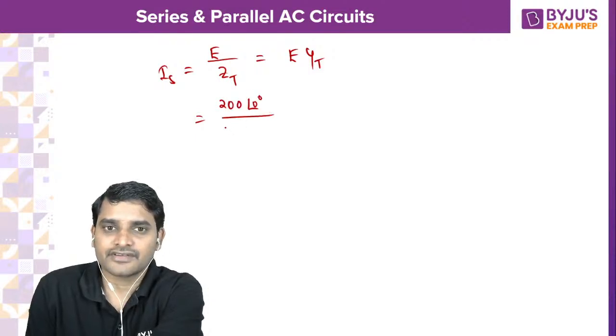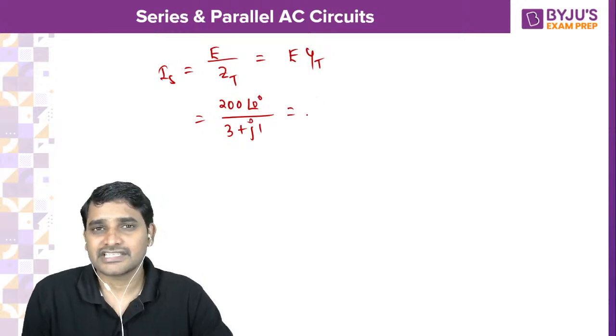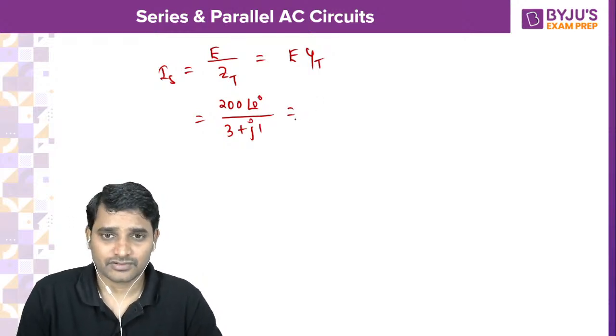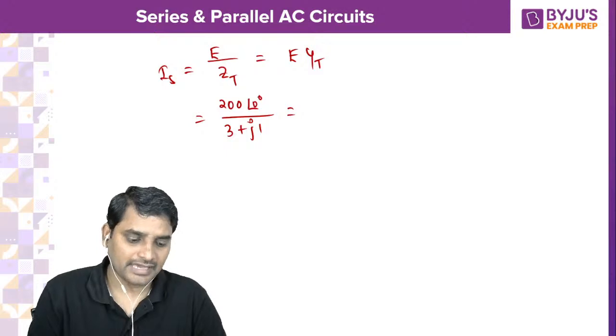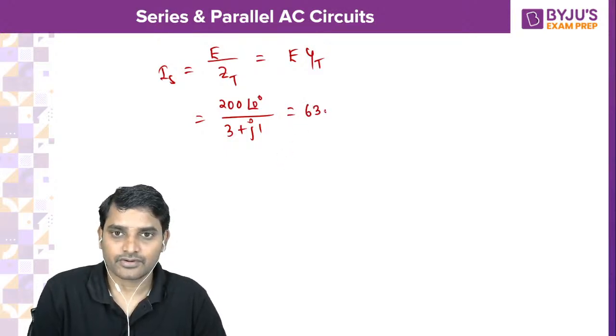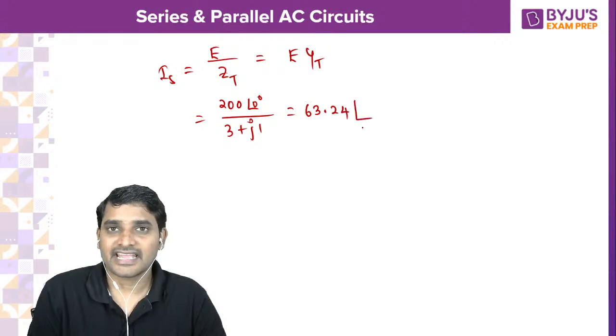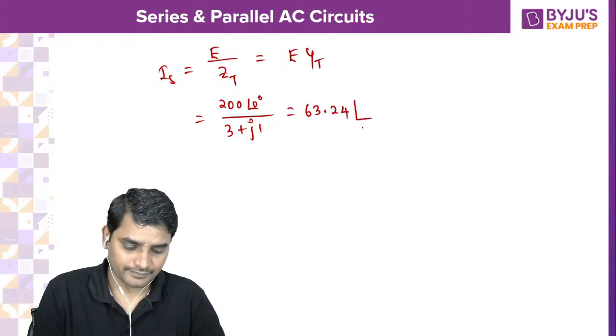Total impedance is 3 plus j1. So 200 divided by root of 3 square plus 1 square, which is 9 plus 1, root 10. So 200 divided by root 10 is 63.24, at an angle of tan inverse of 1 by 3.